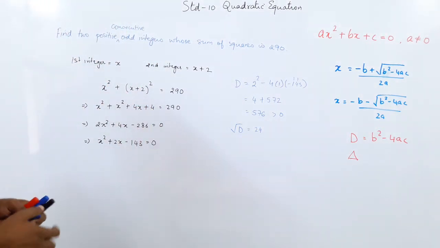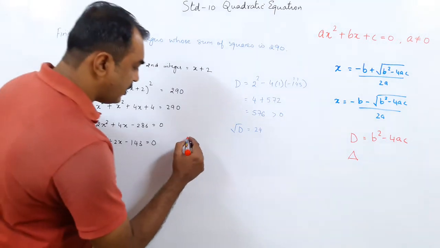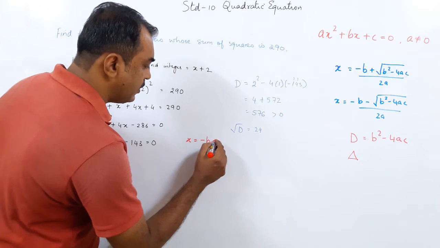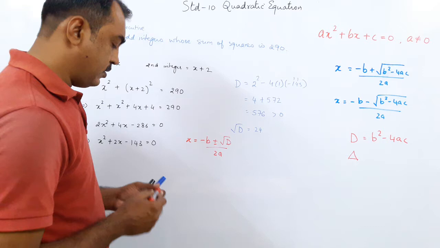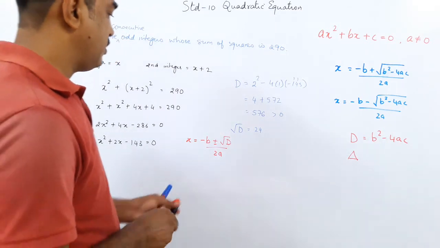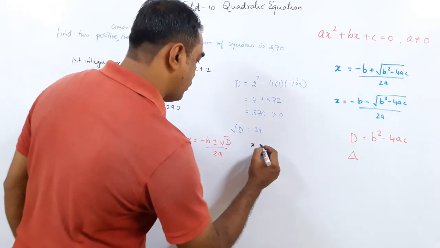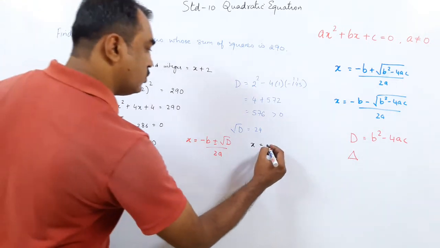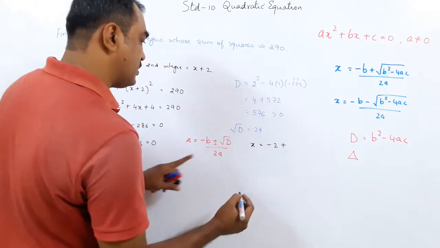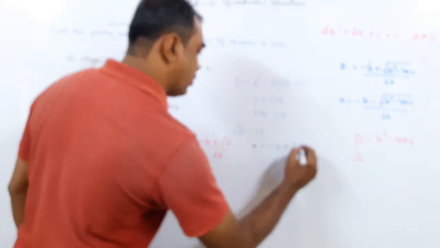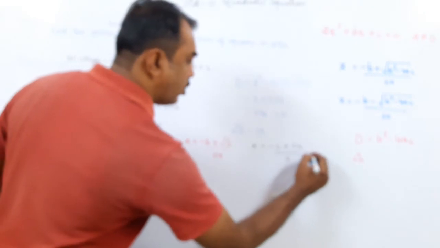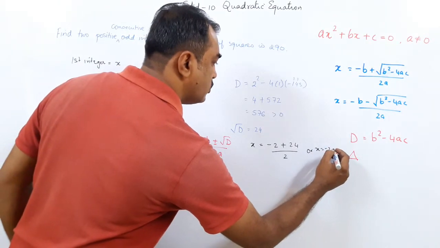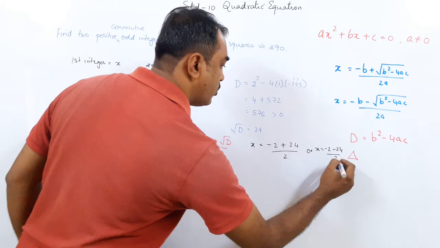So what will we get the roots now? x equal to minus b plus minus root d upon 2a is the formula. So we should get x equal to minus b, so minus 2, first I take plus 24 upon 2a, a is 1, so 2, or x equal to minus 2 minus 24 upon 2.